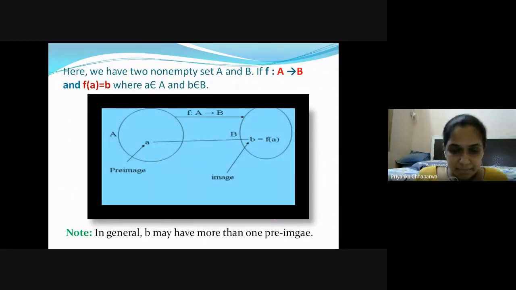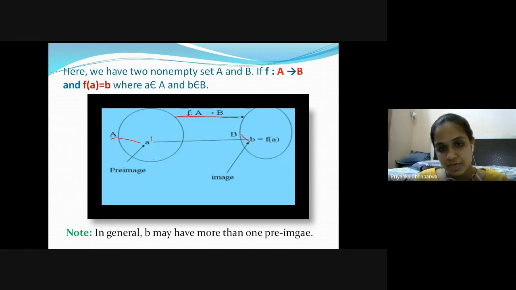Here we see by diagram how we can define it. We have two sets, A and B. This is set A and this is set B. The function is defined f from A to B. I'm writing A to B; the sign of the arrow is like this. In set A we have an element a and in set B we have an element b.